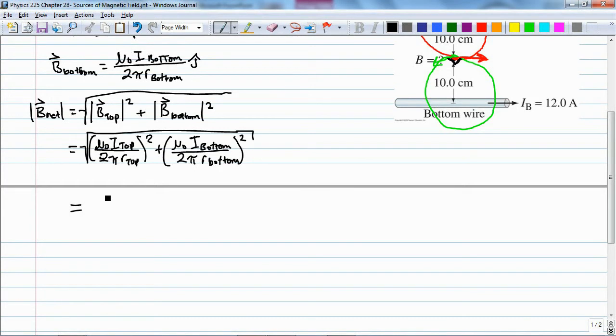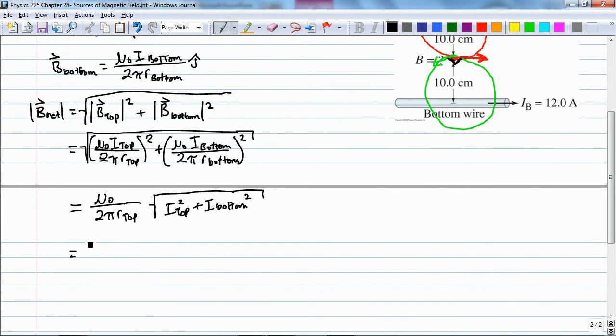So I can pull this out of the square root, and then I'm just going to have the square root of I top squared plus I bottom squared.